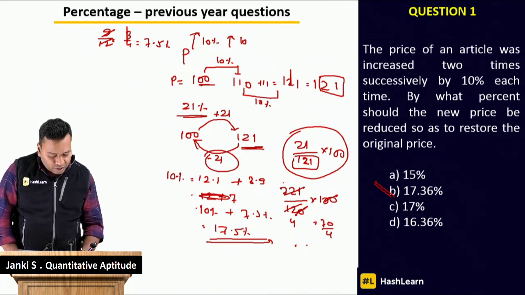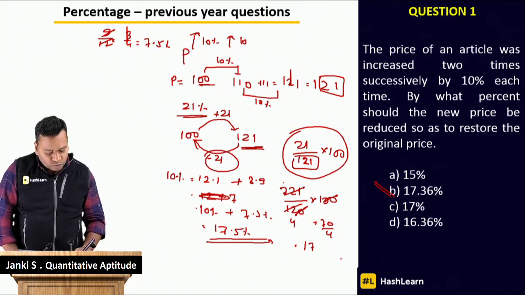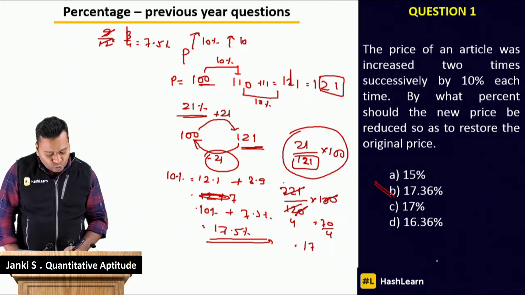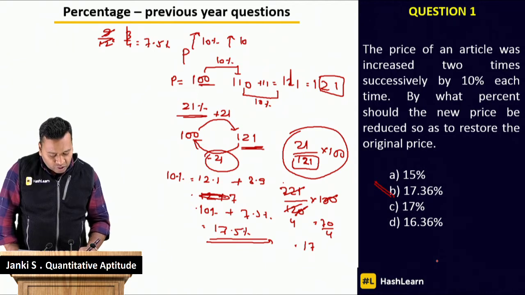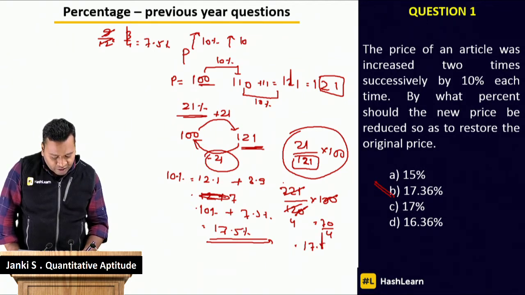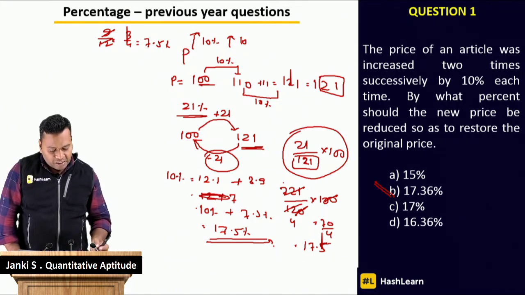Let's divide 70 by 4. So it's 17 times 4 is equal to 68, and 0.5 is possible, right? So 17.5, as we have seen in this case. Approximately this is what comes.